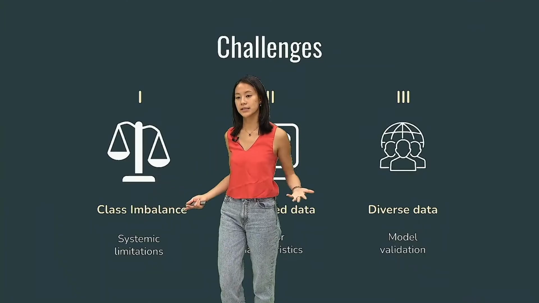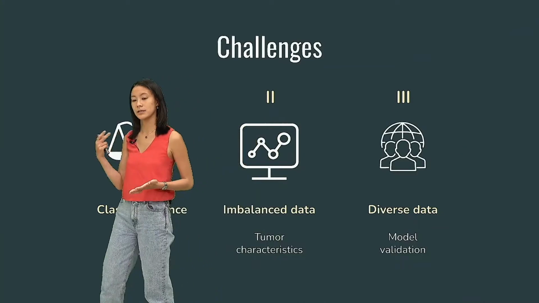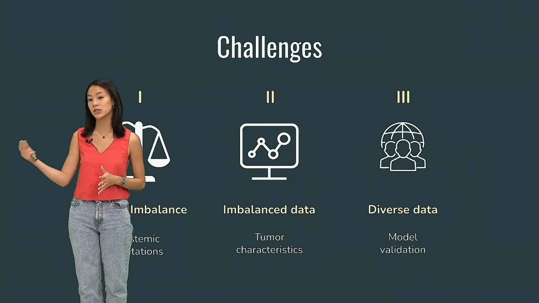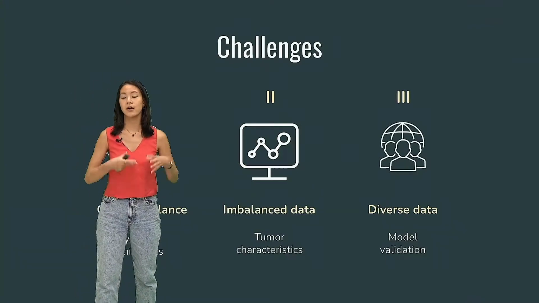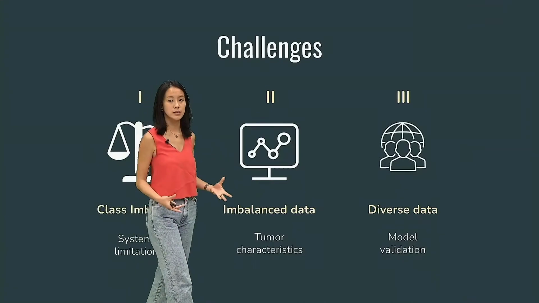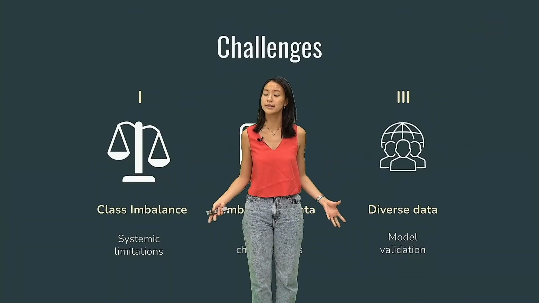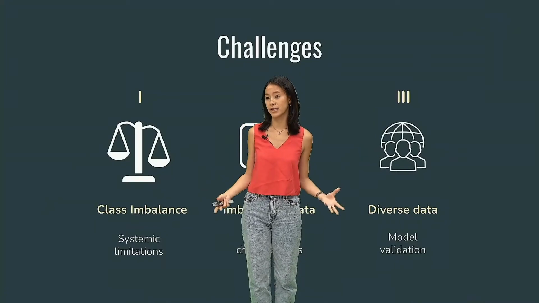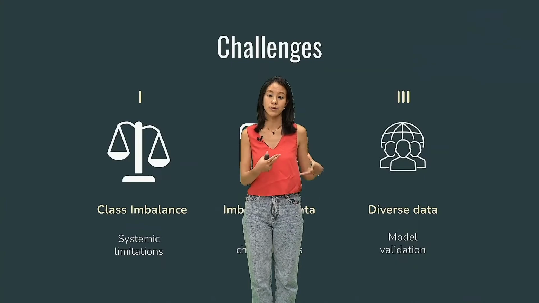These differences may result from demographics and lifestyles that affect the different kinds of tumors we're being trained on, so these models may not work as well on these diverse data sets. As a result, we need some sort of way, because we can't access all this data at once due to a lot of different regulations, there isn't an actual way for us to validate the models that we're using.